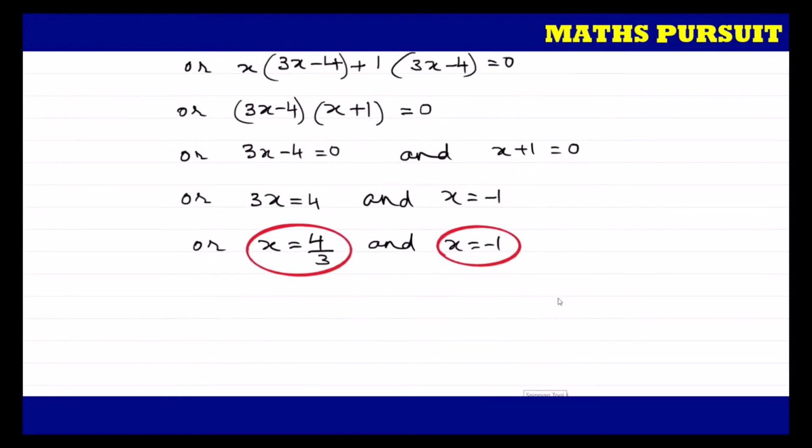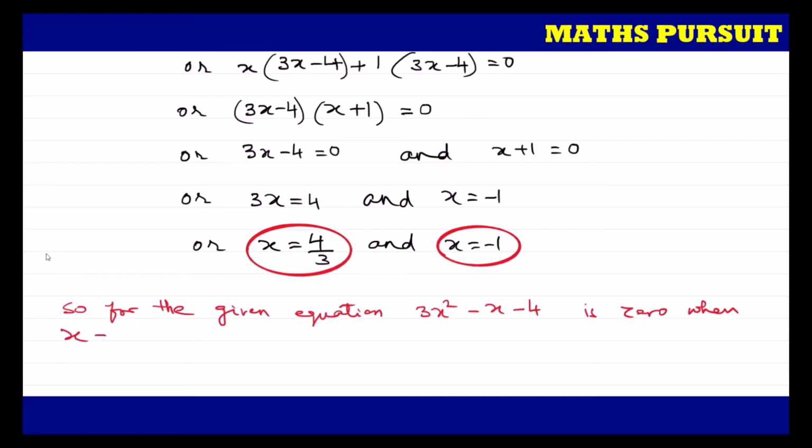And we can write our concluding answer saying that for the given equation 3x^2 - x - 4 is 0 when x is equal to 4/3 or x is equal to -1. Hope guys till here we are very clear.